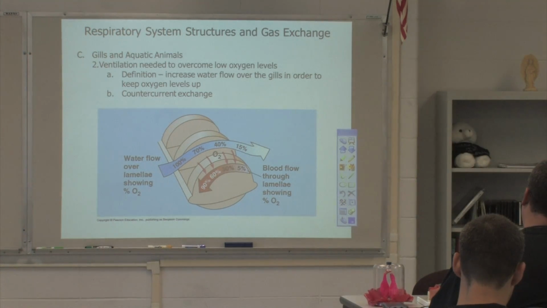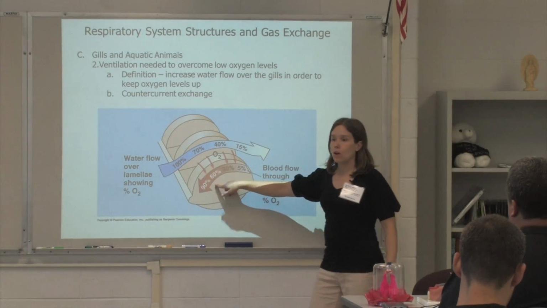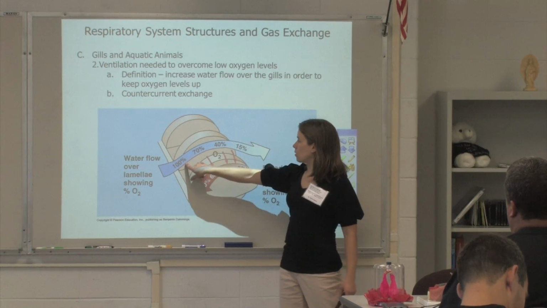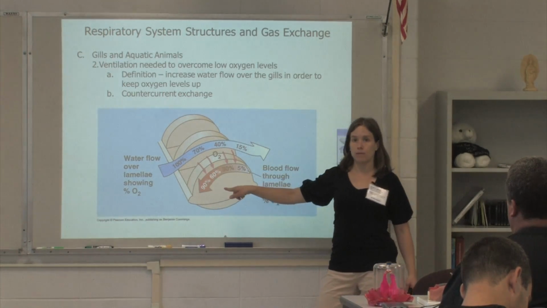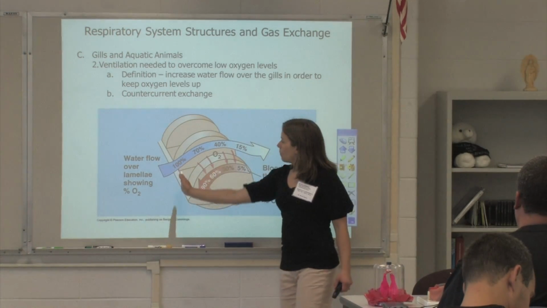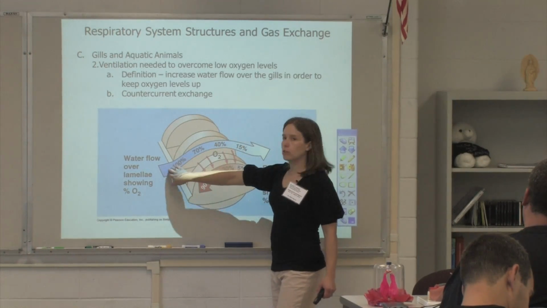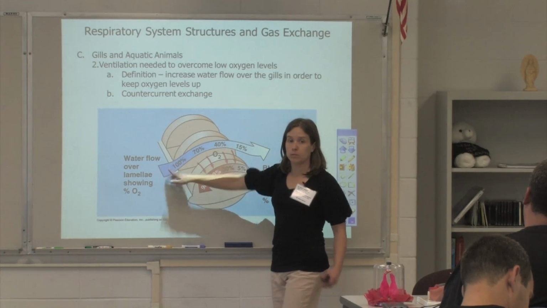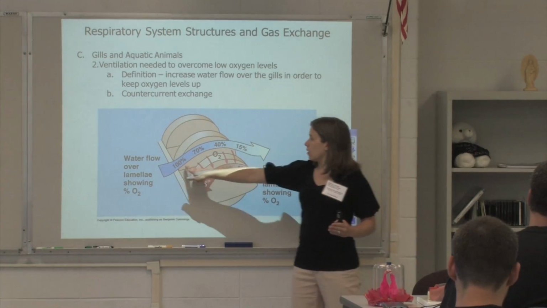This movement in opposite directions maximizes that concentration gradient so that it's always favoring the diffusion of oxygen from the water into the capillary. So, as the water is flowing over the gill structure, the concentration of oxygen is going to be maximum just as it's going over the gill structure, here.